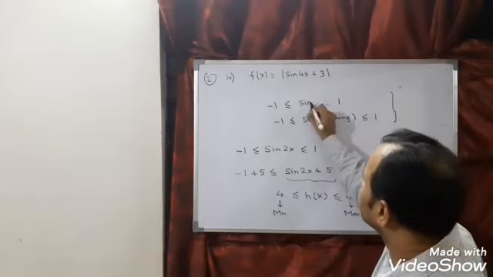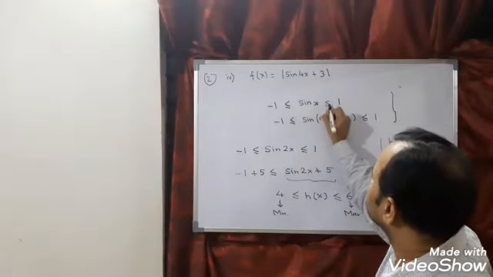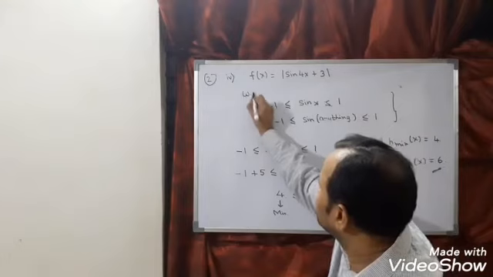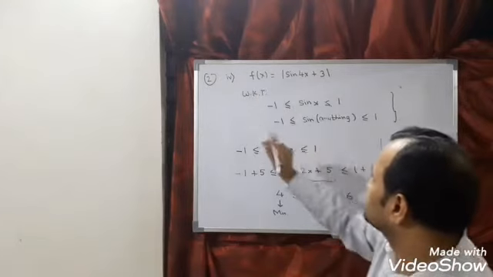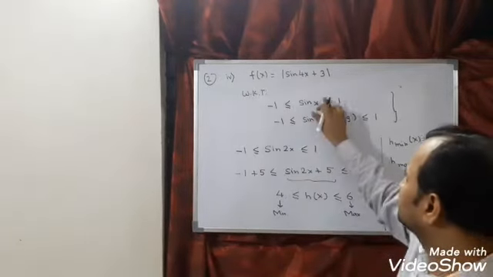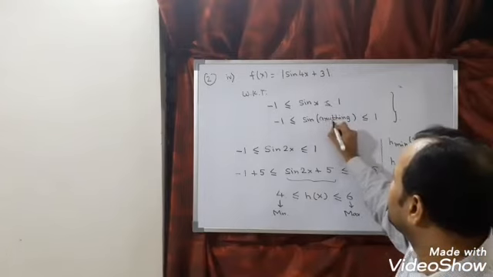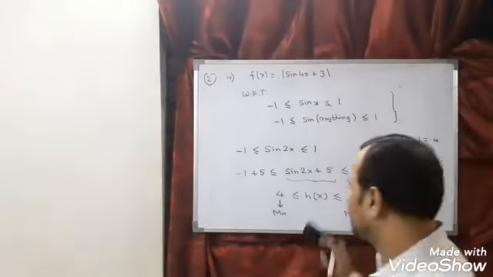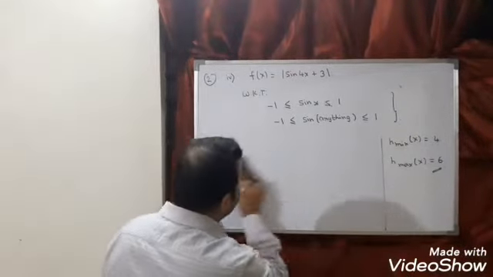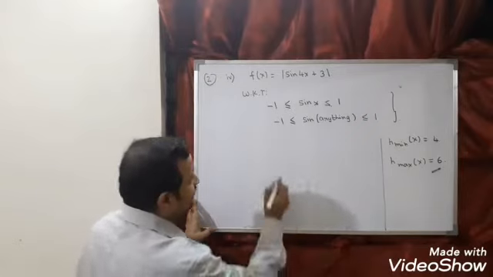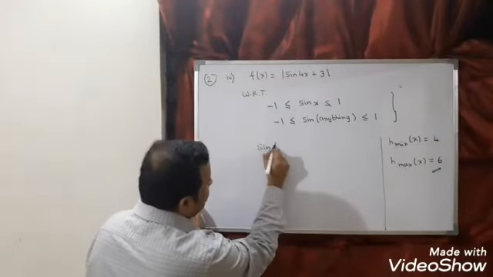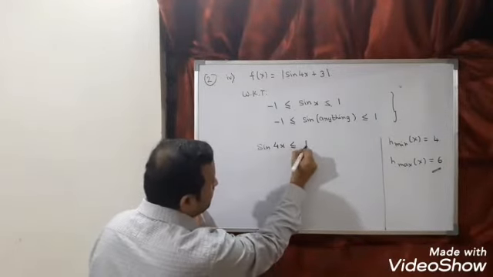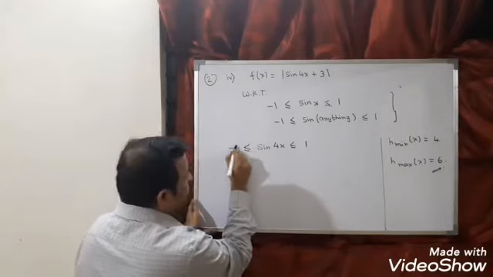So just now I told you, we know that sin x always lies between -1 to 1 and sin of anything also lies between -1 to 1. Now tell me, what is the function given here? The function given here is sin 4x. So can I say sin 4x also lies between -1 to 1.